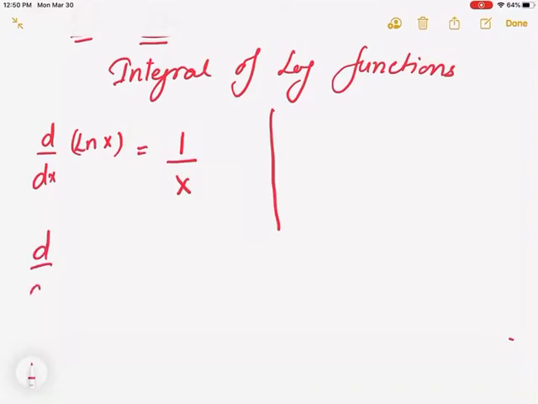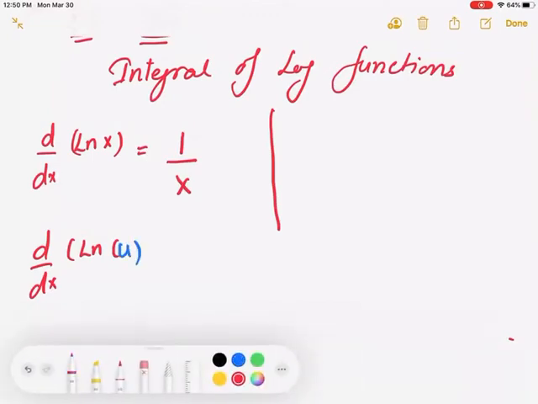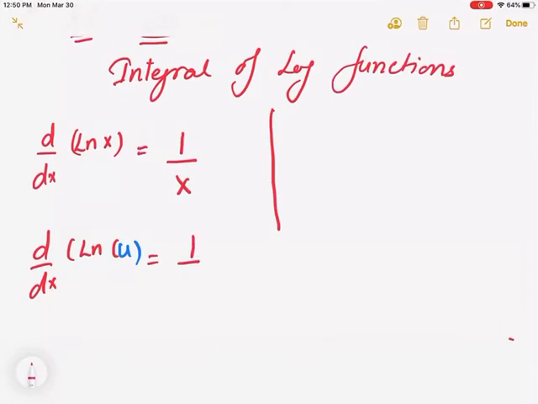If it's the derivative of a function other than x, let's just say it's u, then it's going to be 1 over u, and it should have the derivative of this bottom part attached to it. That's the derivative. Now on this side, I'll show you the integral.